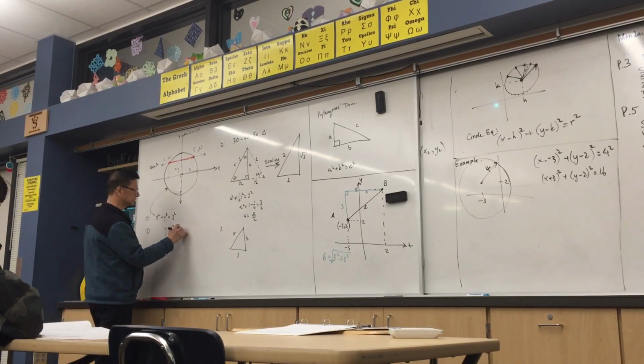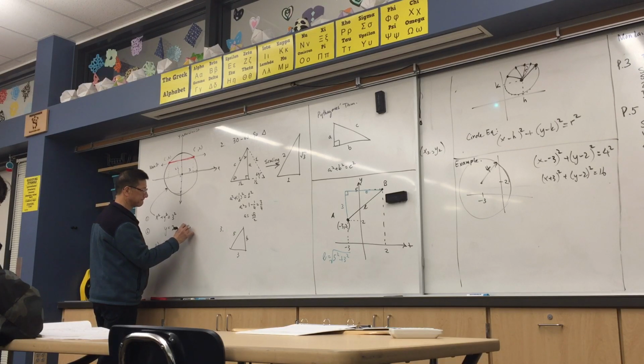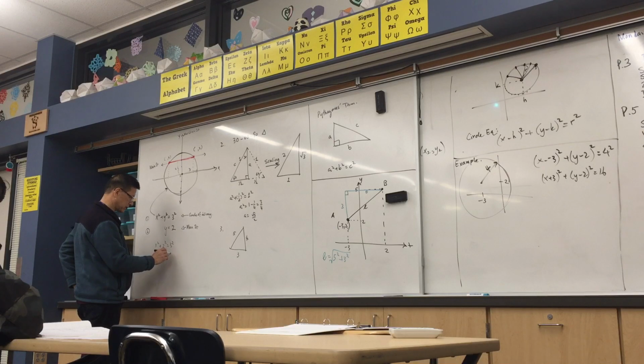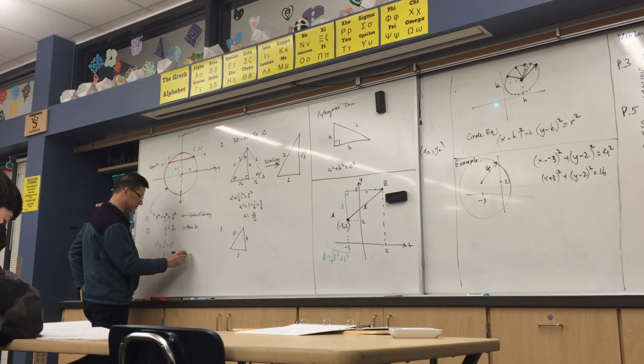So this is Main Street. This is the circle of delivery. So y squared is equal to 3 squared minus 2 squared, which is 9 minus 4, which is 5.